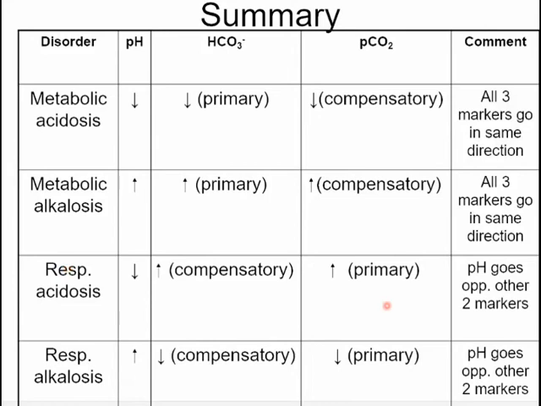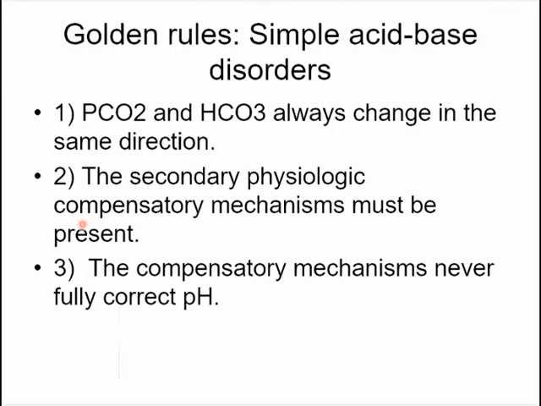So you see that in respiratory disorders, the pH is in the opposite direction to your two other markers, while in metabolic disorders, either acidosis or alkalosis, all three markers go in the same direction. So these are your golden rules for simple acid-base disorders.